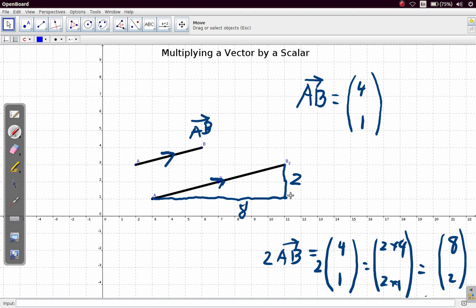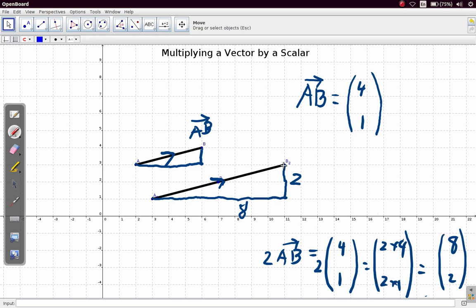So we can just look at vector AB, which is 1, 2, 3, 4 in the x direction and 1 in the y direction. That's (4, 1). And just multiply. 2AB is a matter of multiplying each number here: the x by 2 up here, the y by 2 down here. 2 4s are 8, 2 1s are 2.